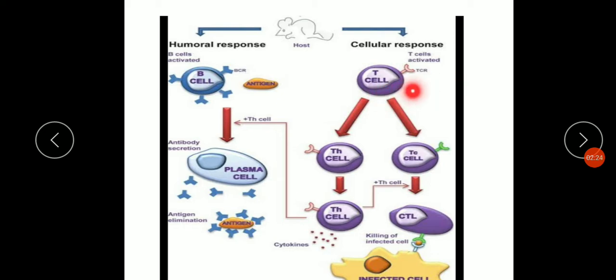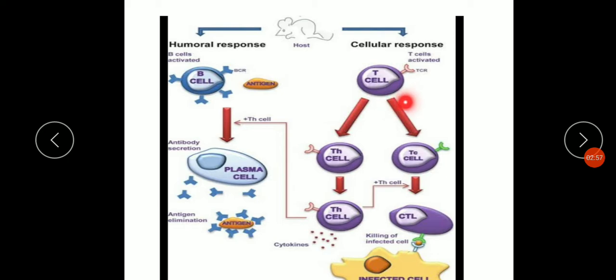These T cells are programmed specifically to recognize the particular type of antigen, and they are activated and transformed into lymphoblasts, and lymphoblasts then divide mitotically and produce the activated T lymphocytes. These activated T lymphocytes enter the circulation, migrate to the site of the antigen, and then they show their activity.